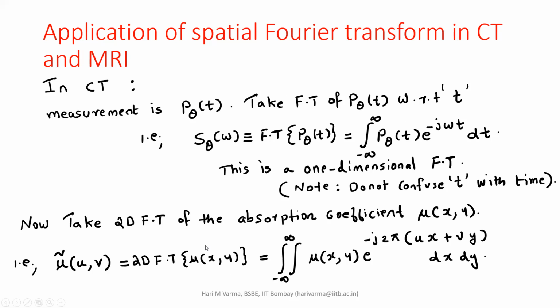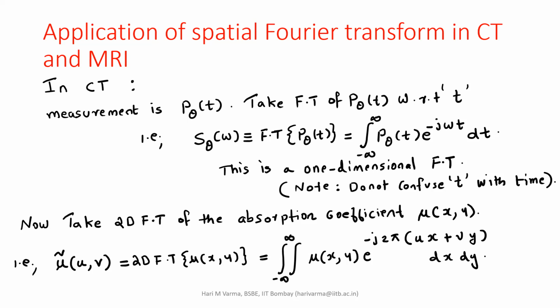And if it is a two-dimensional function, definitely we can think about taking a 2D Fourier transform. So if u is the Fourier variable corresponding to x and v is the Fourier variable corresponding to y, then the 2D Fourier transform will look like this: integral from minus infinity to infinity of mu of x y, all this stuff. This is essentially the same stuff we were discussing.